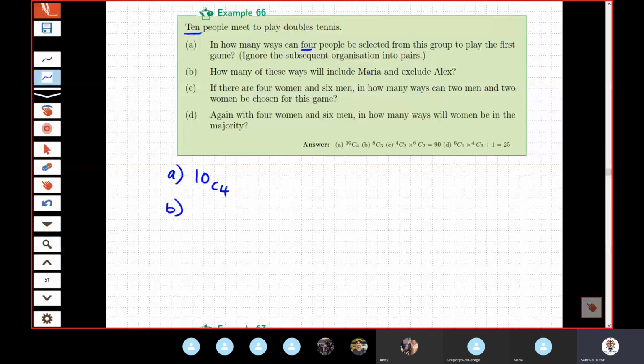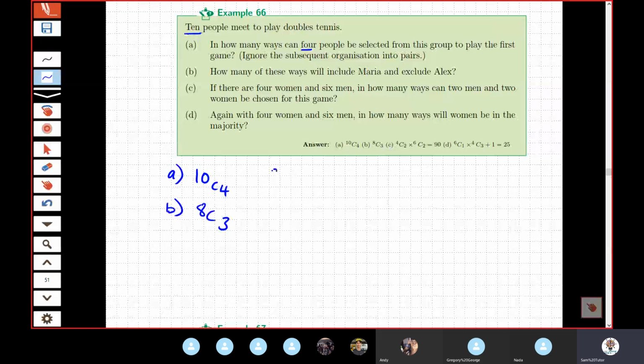Well, if Maria's already included, then there's 9 people and you're selecting 3, because you've already chosen Maria. But then you've got to exclude Alex, so how many people are left to pick from? 8, and you've got to choose 3 still. Does that make sense?